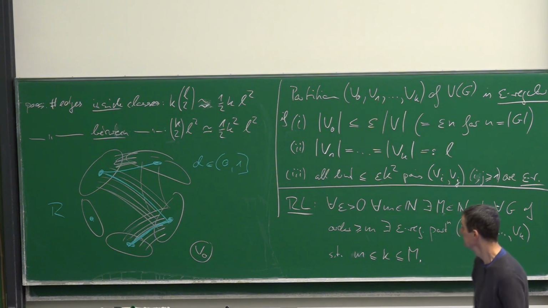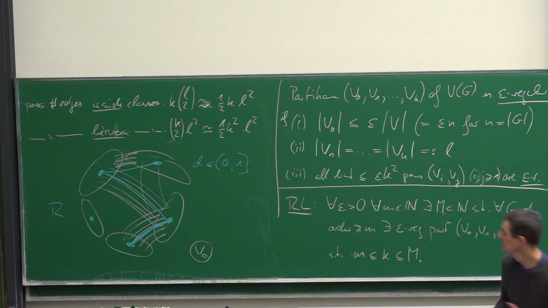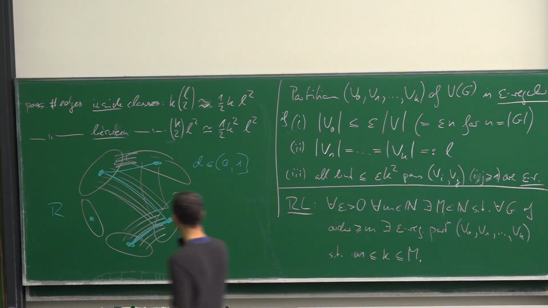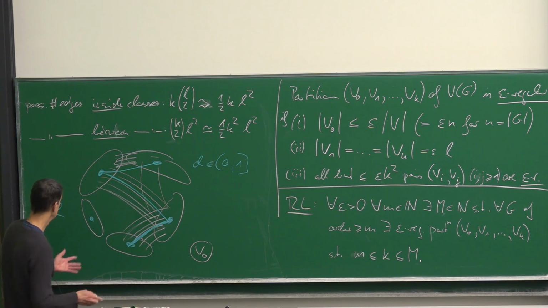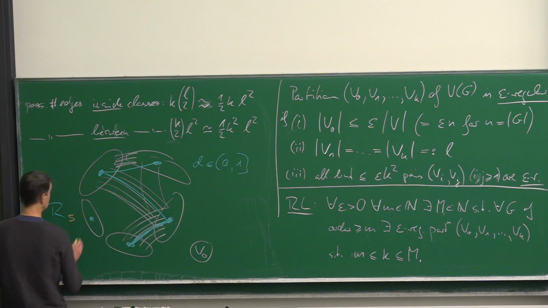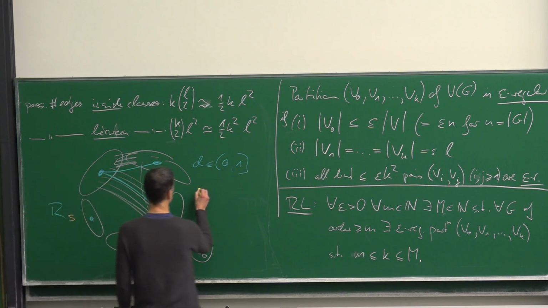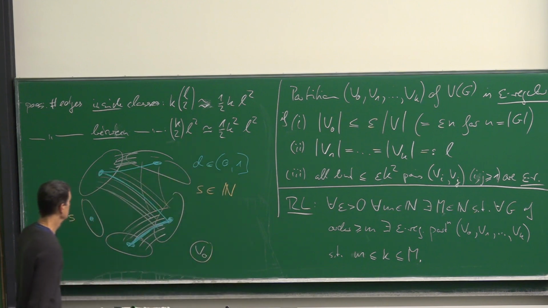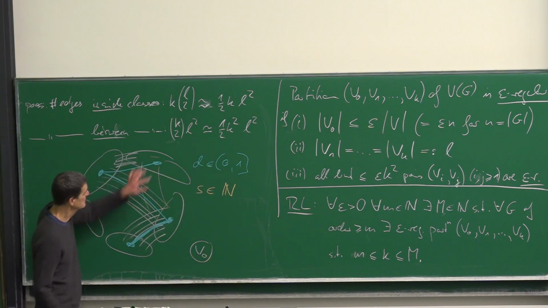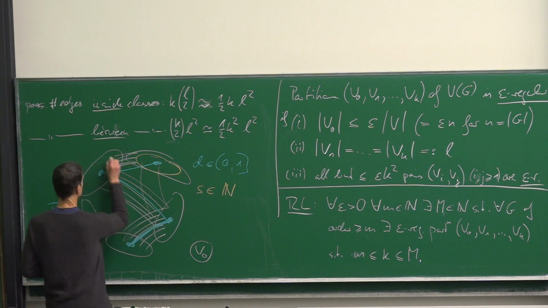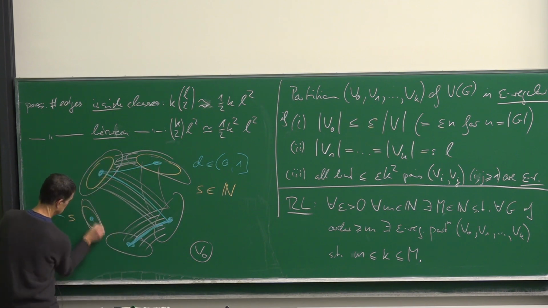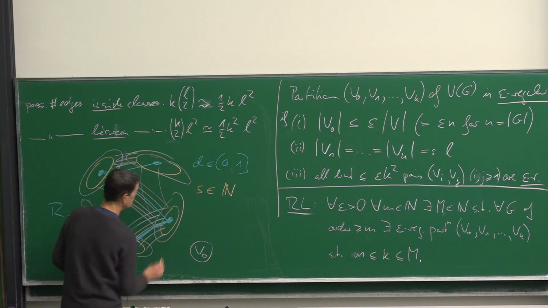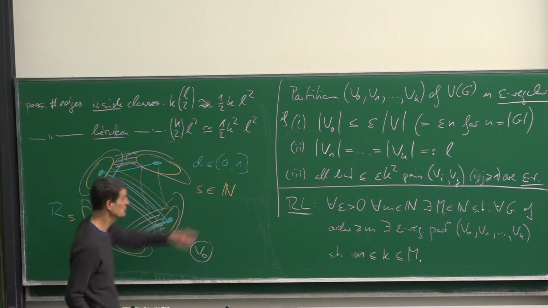And now we blow that up again by replacing every node with some constant number of vertices that we can also choose.